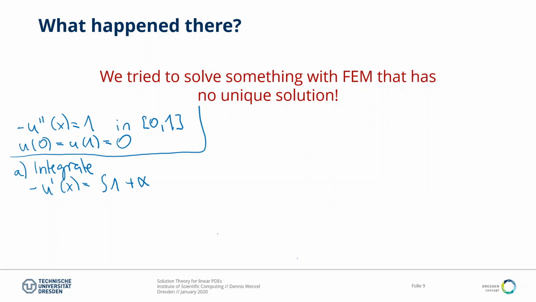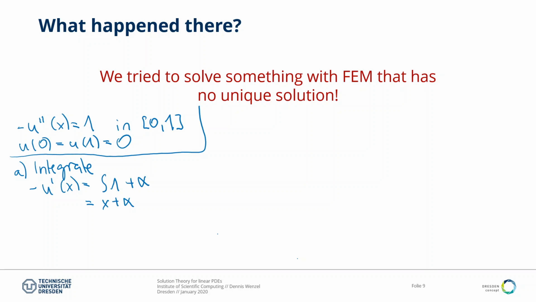So you have to integrate this thing and you get one constant, because the constant would vanish in the differentiation process anyways. That is, you have here x plus alpha, right?